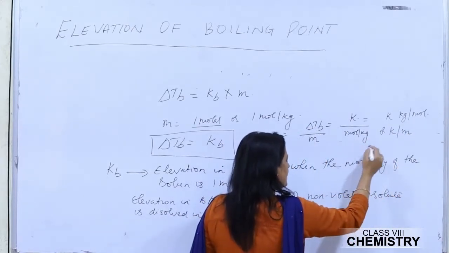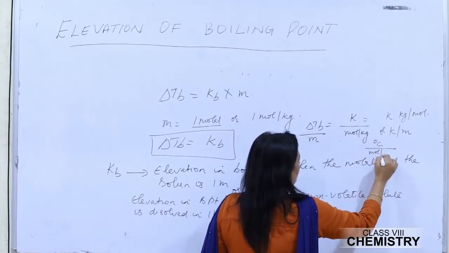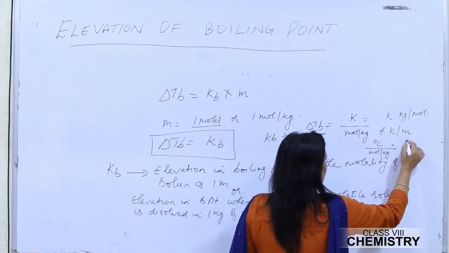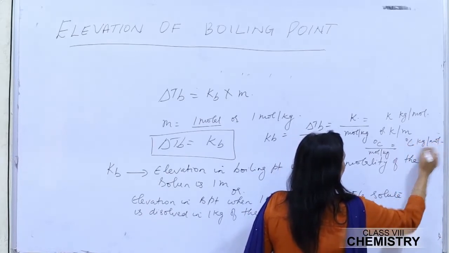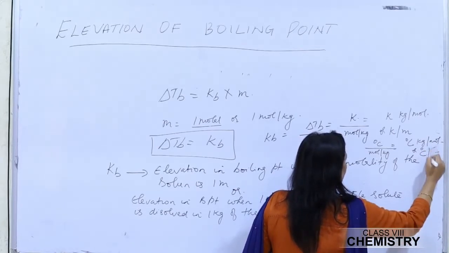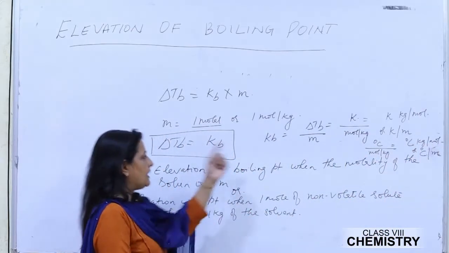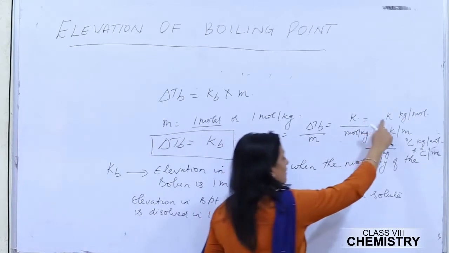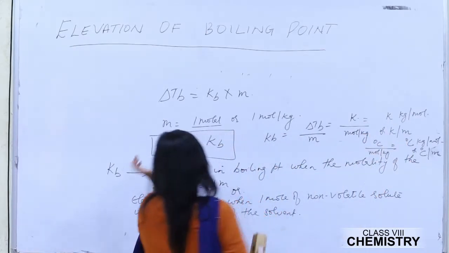Or if it is in degree C, instead of Kelvin it can be in degree C also: degree C kg per mole, or degree C per molal. So, these are the units of Kb. Why we are using Kelvin as well as degree C while doing numericals, I will specify it. So, is it clear?